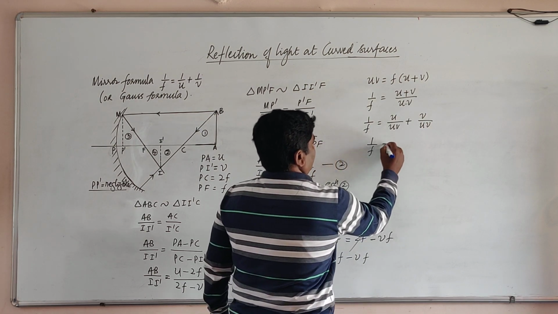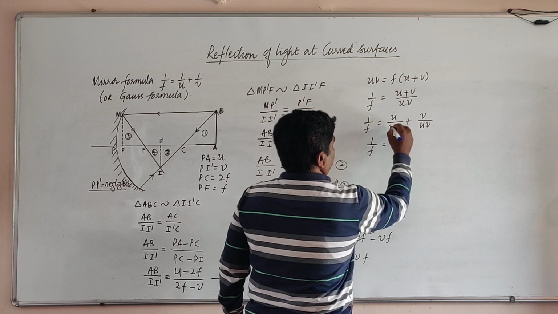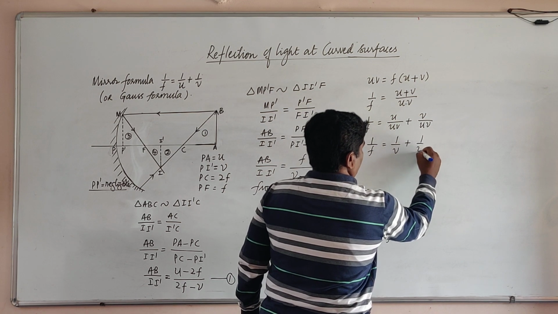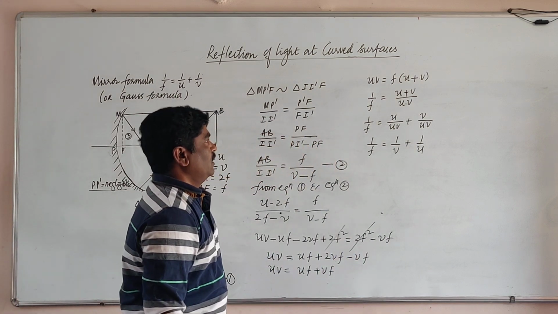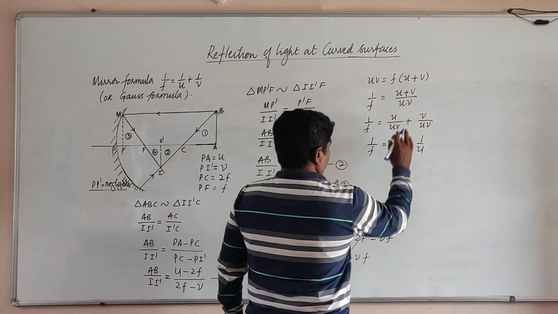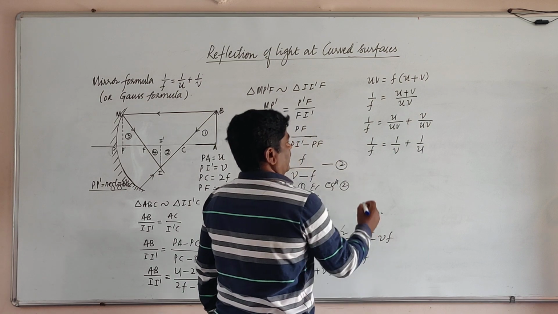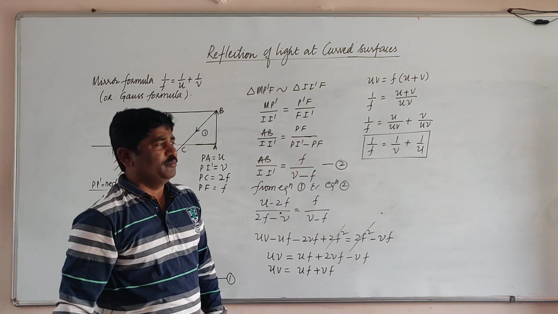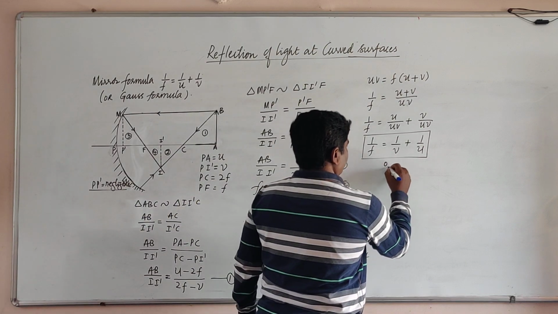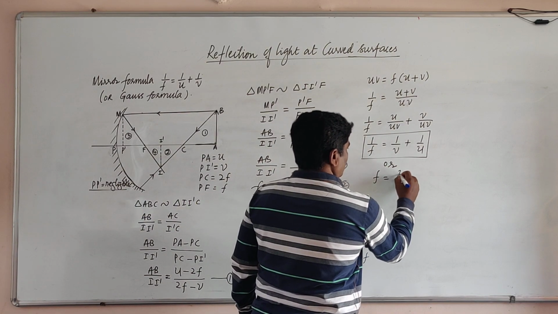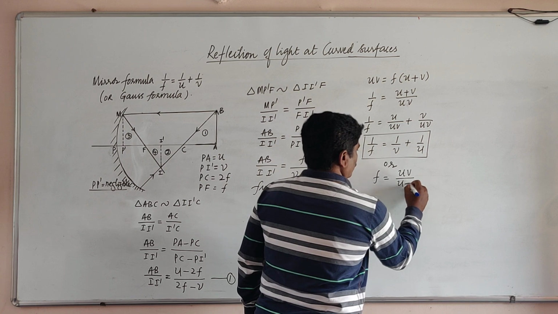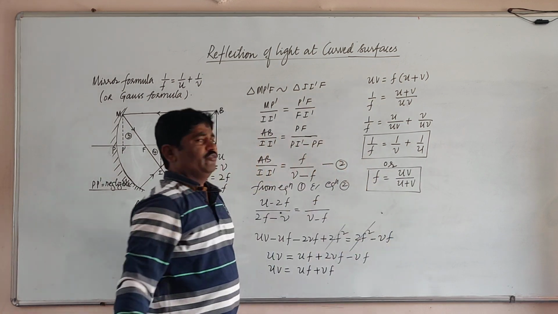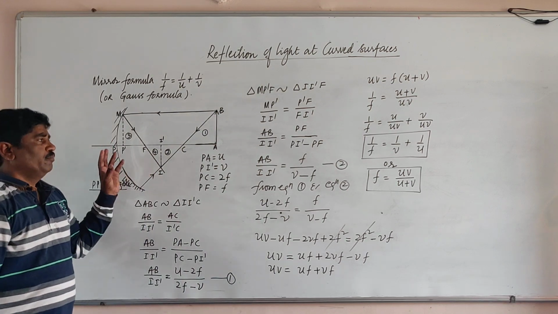So 1 by F is equal to 1 by V remains, U gets cancelled, plus V gets cancelled, 1 by U remains. So either formula, you can write 1 by F is equal to 1 by V plus 1 by U, or else directly F is equal to UV by U plus V you can also write to determine the focal length of the given concave mirror.